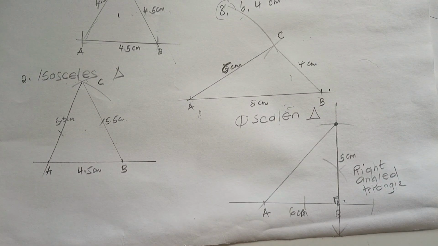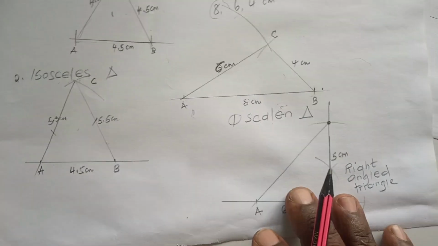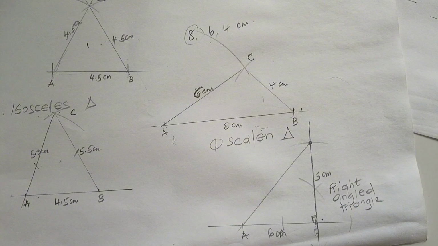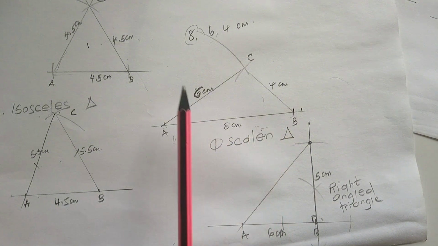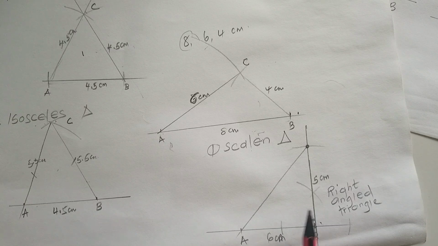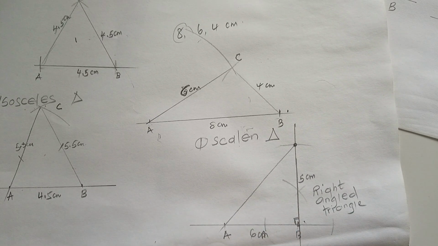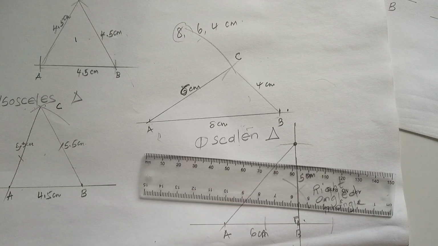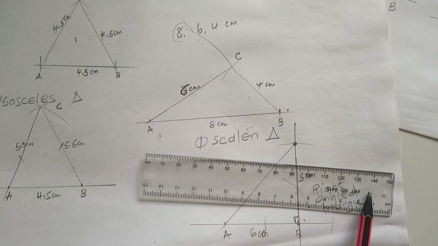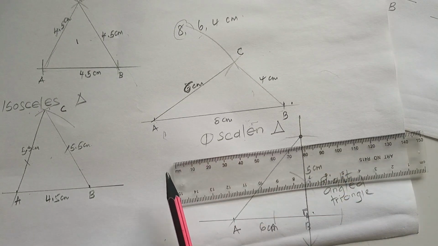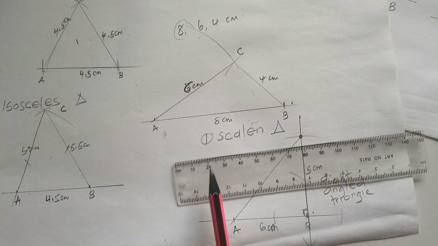Now, when constructing these figures, number 1, you must be neat. I've tried my level best to be neat so that I did not rub. When we rub, we make our work look dirty. And then you should be accurate when drawing any line. Get the measurement from the ruler. Remember, you begin from 0, 10, 20, like that.